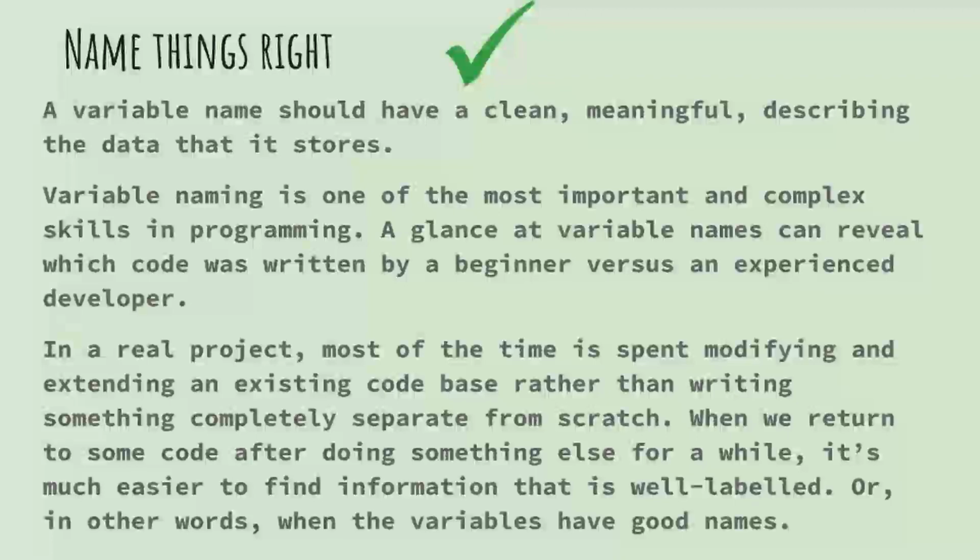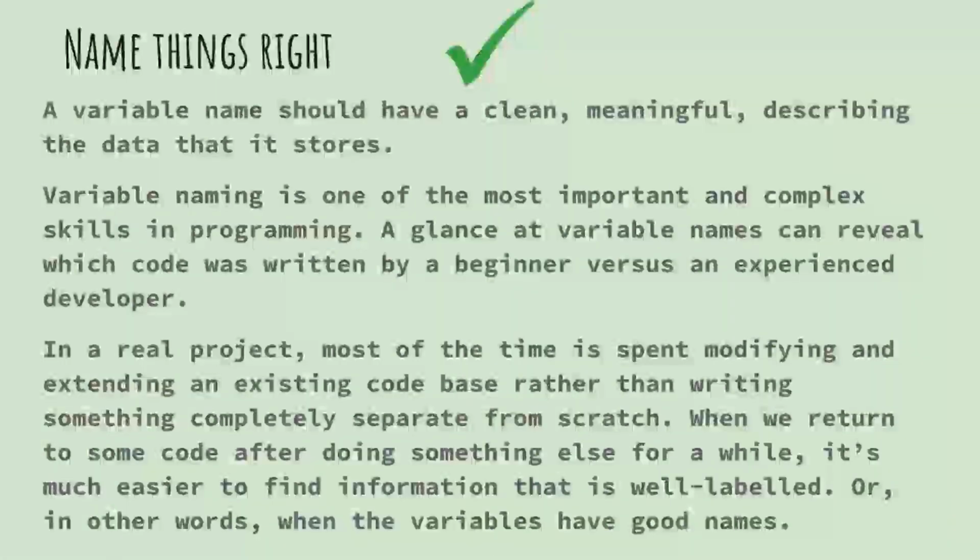Now let's talk about variable naming in JavaScript. Name things right. A variable name should be clear, meaningful, and should describe the data that is stored inside it. As we all know, variable naming is one of the most important and complex skills in programming. By seeing a glimpse of a program, we can understand whether this code is written by a beginner or by an experienced developer.